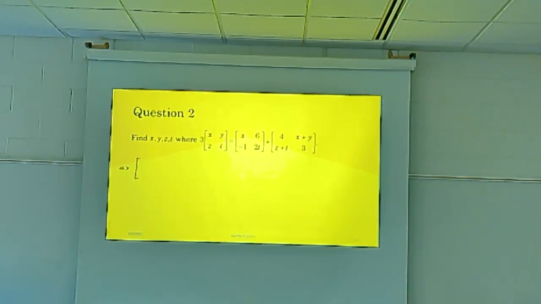And of course, scalar multiplication is always defined. That is how the left-hand side simplifies, right?